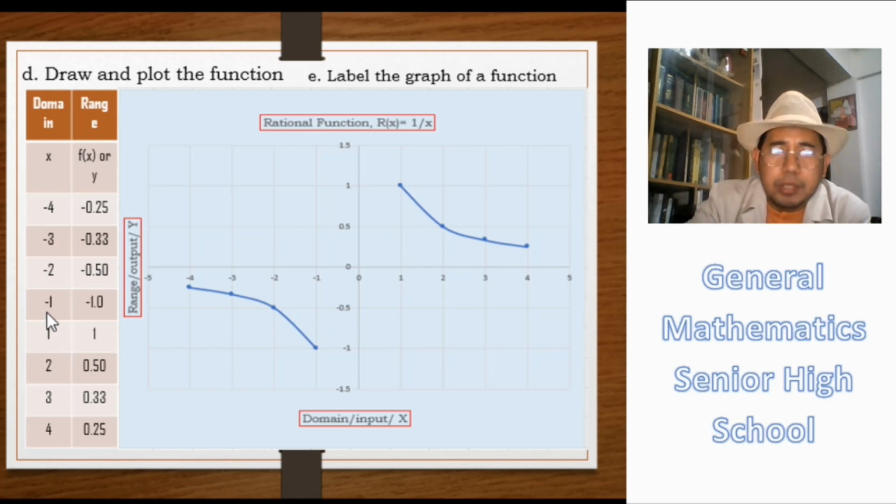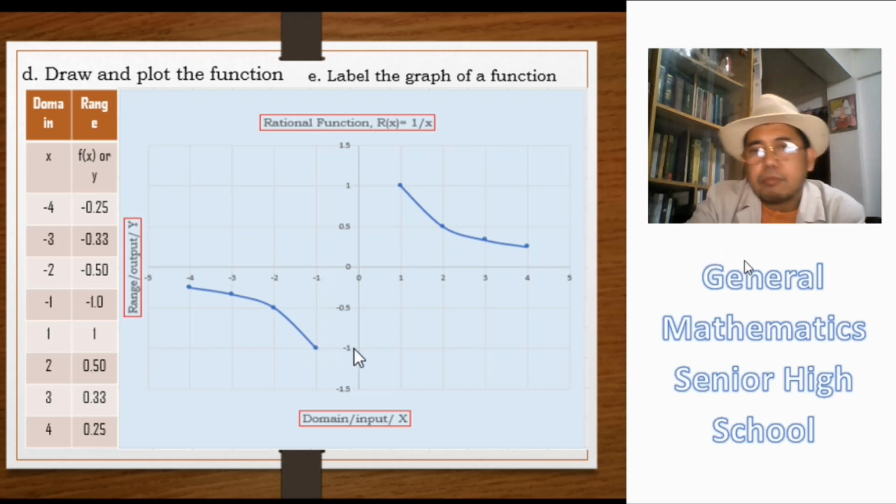And another one in here is if I have negative 1, it will give me negative 1 as my y. So this is my negative 1 as my x, and this is my negative 1 as my y. Now I did not connect this one because, as I said, it was broken, caused by the denominator.